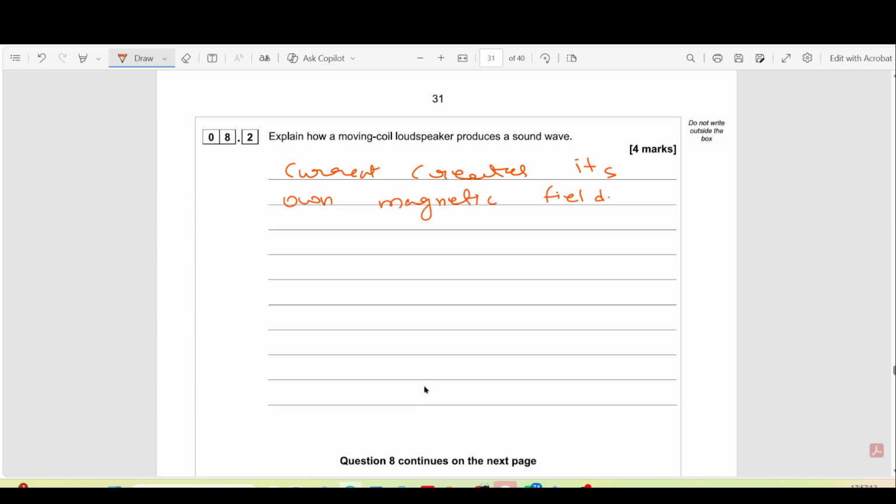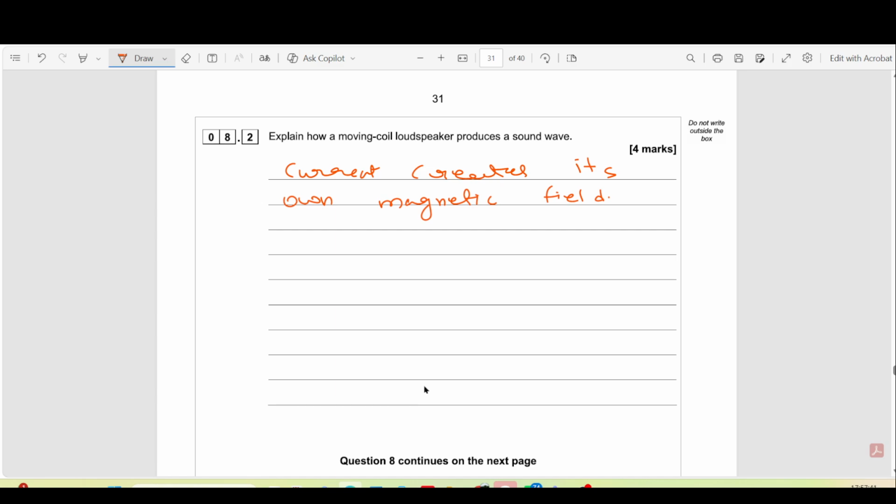I think you should start with current, because current creates its own magnetic field, and the magnetic field created interacts with the magnetic field from the permanent magnet.